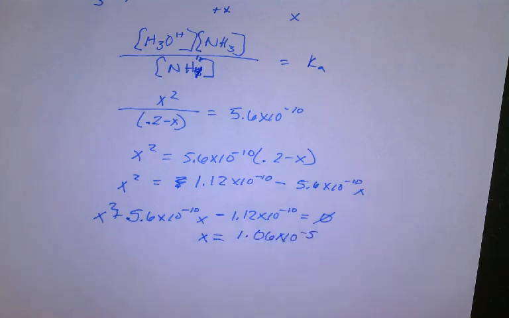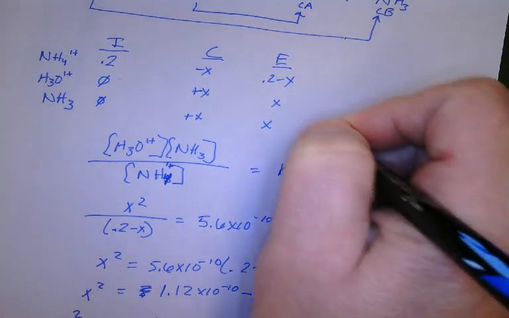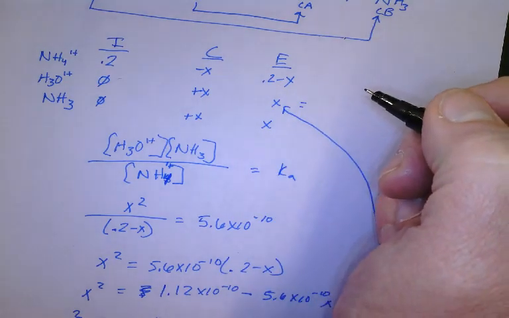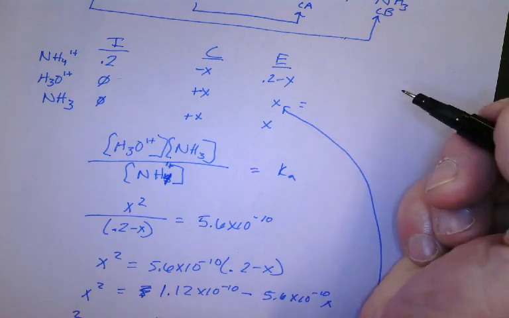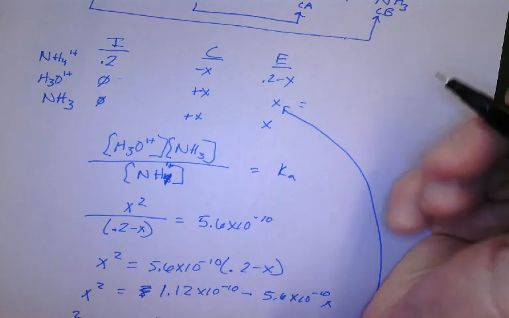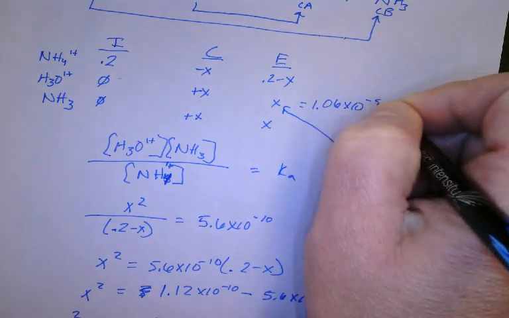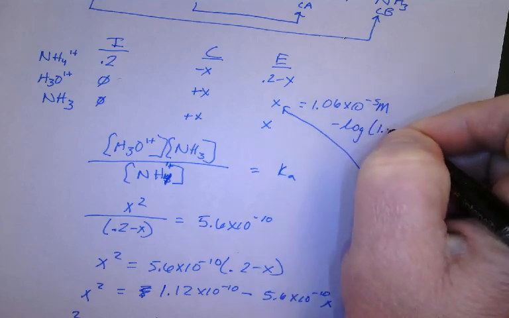I'm not using sig figs. Hopefully you can forgive me. And then I take this up and put that right there. And our job is to find the hydronium concentration. We just did. And then to find the pH, we're going to take the negative log of that.